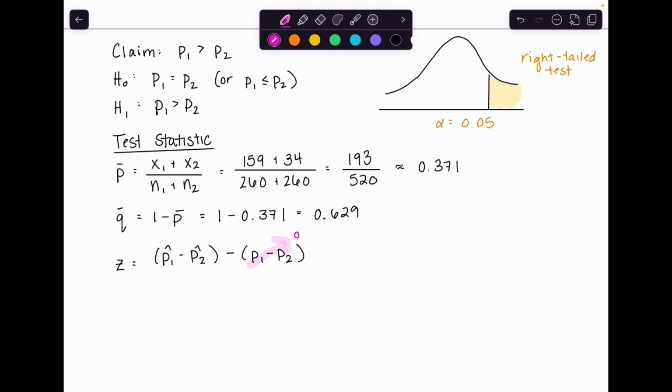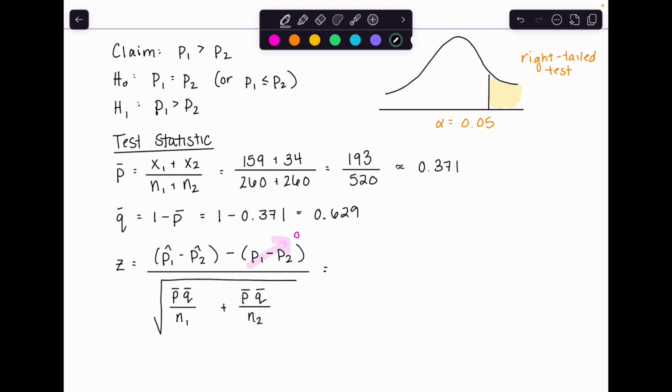So this is going to be 0, which saves us a little bit of effort. And then in the bottom, I have a giant square root, and we go ahead and multiply these pooled sample proportions and its complement divided by the sample size of the first sample. And then we do the same thing with the sample size of the second sample, okay?